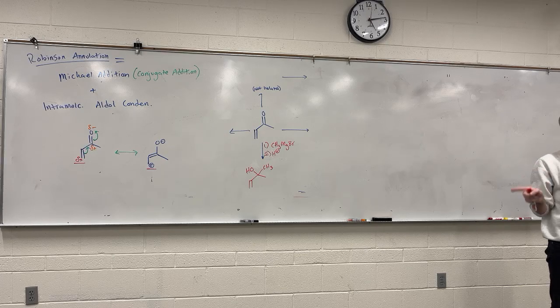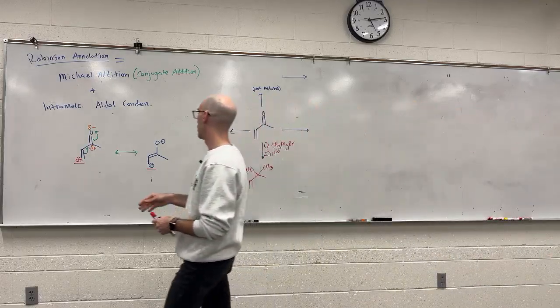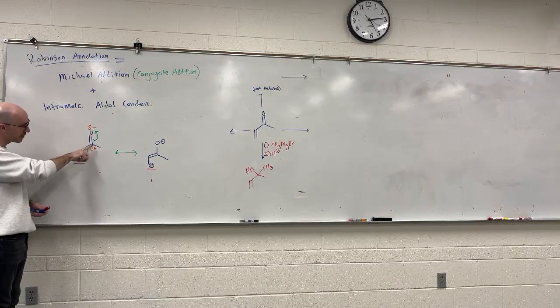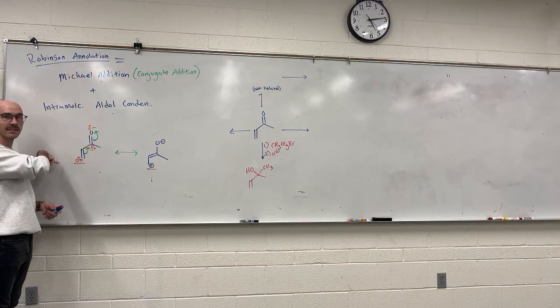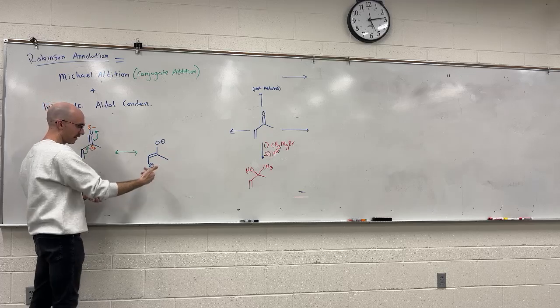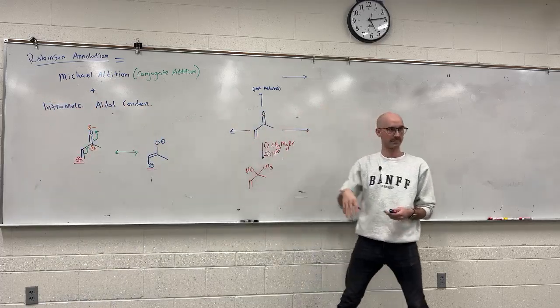But if I have a weaker nucleophile, perhaps one that wouldn't be able to open the carbonyl carbon, wouldn't be able to do acyl addition, it can attack at the beta position, because attacking the beta position pushes the electrons just like this and creates a resonance stabilized system, the enolate.